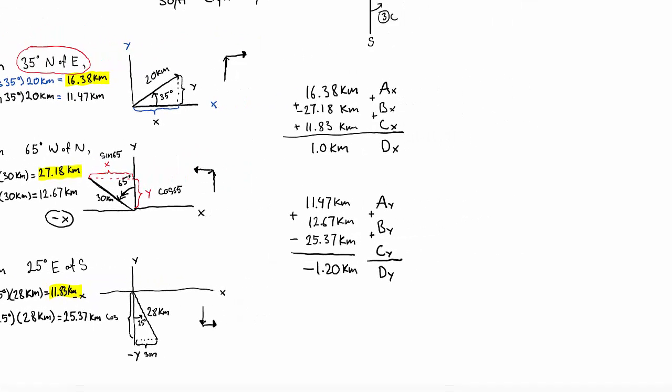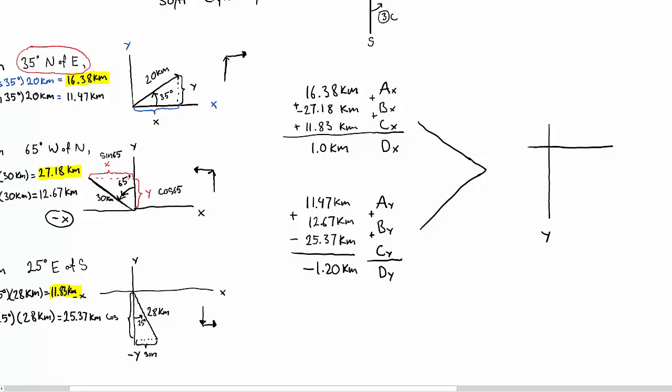Alrighty. So this can now also form a triangle. As the y direction is negative, go across. In the x direction, we're going 1 kilometer this way, and then we're going down 1.2 kilometers.